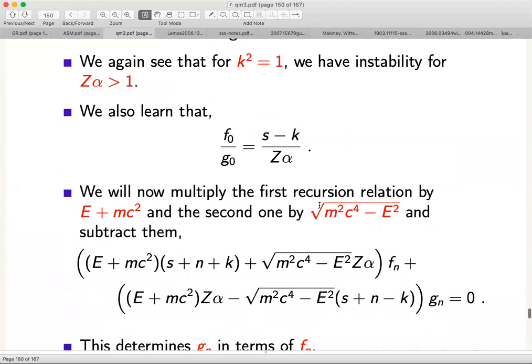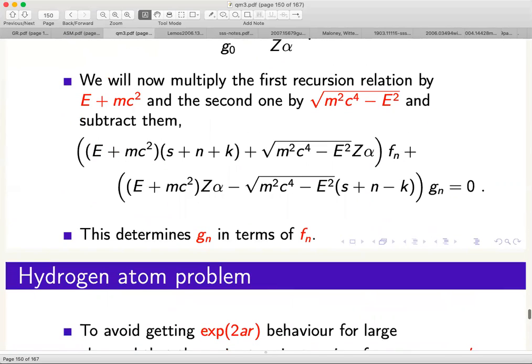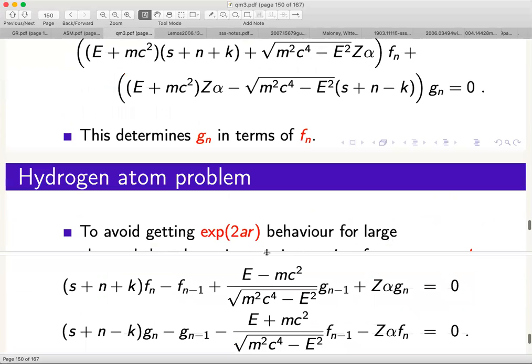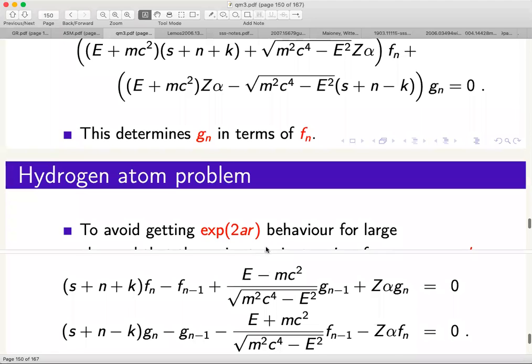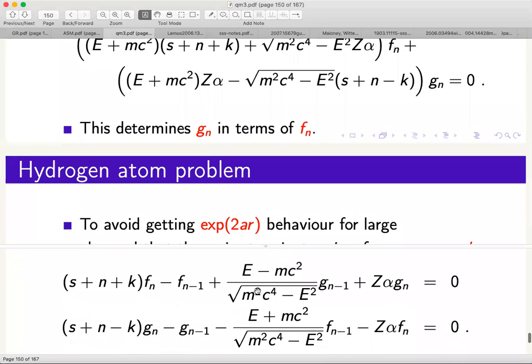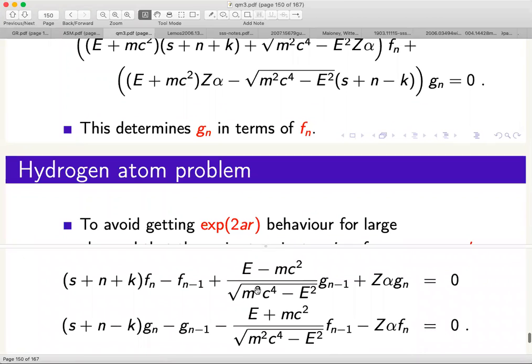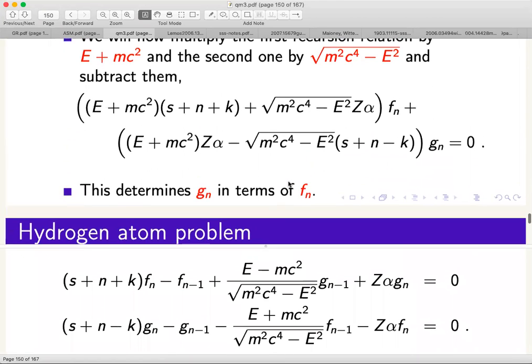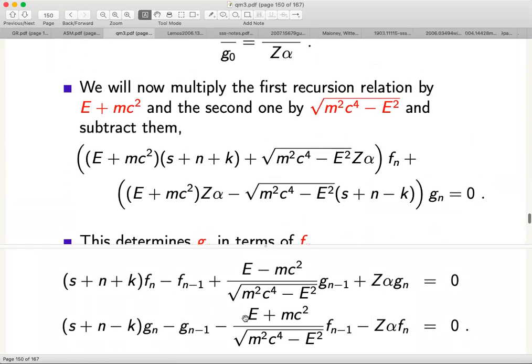Then we also did this manipulation, that we multiplied the first equation by e plus mc squared and the second equation by the square root of m squared c to the 4 minus e squared.